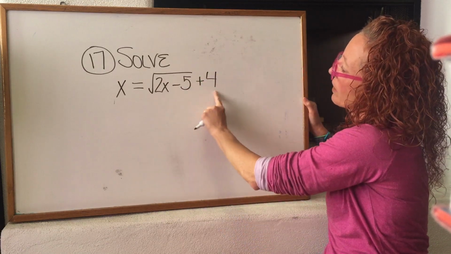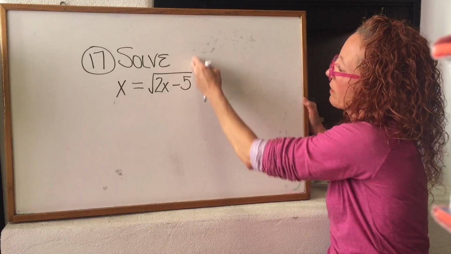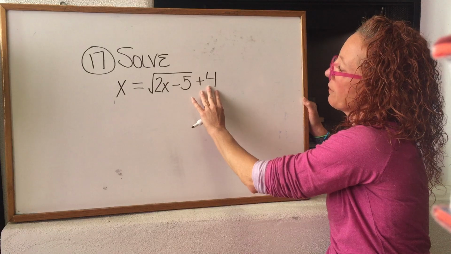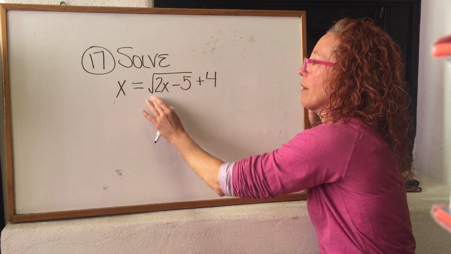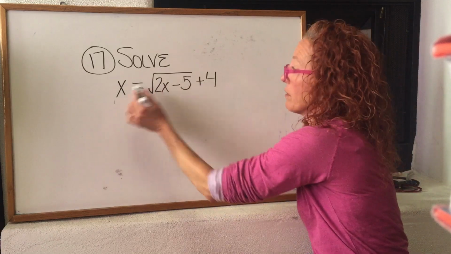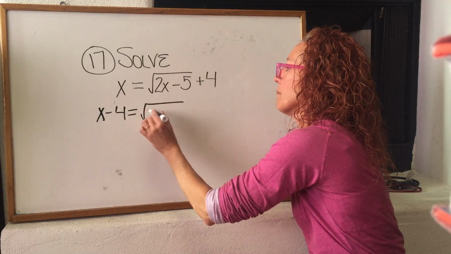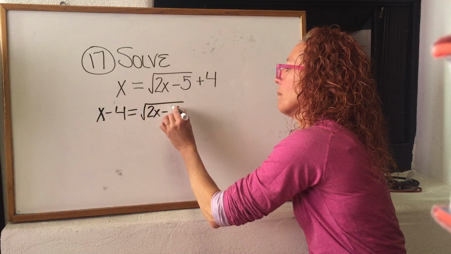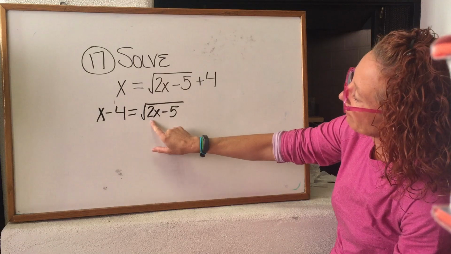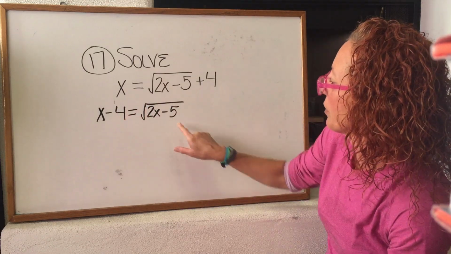Okay. This is a positive 4 right here. Notice that positive 4, that radical ends right there. So the positive 4 is going to jump to this side because our first step is to get the square root by itself. So this minus 4, so it's going to be a negative 4 on the left. And so once we have that radical alone or isolated, we are going to square both sides.